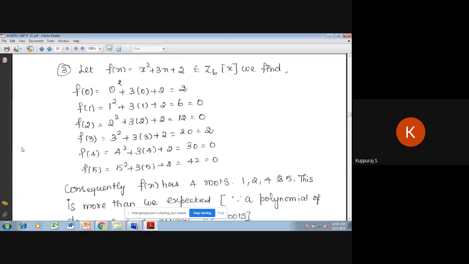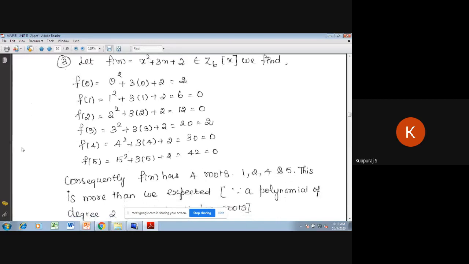Therefore, 1, 2, 4, and 5 are the roots of the given polynomial, which are the 4 roots of the given polynomial, and also 1, 2, 4, and 5 belong to Z6.